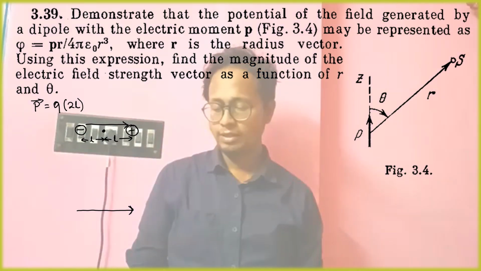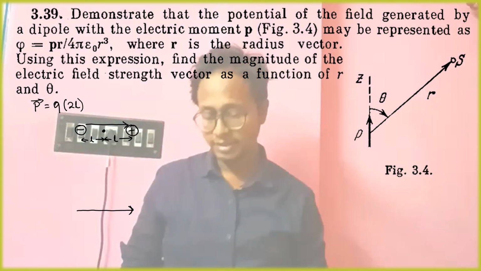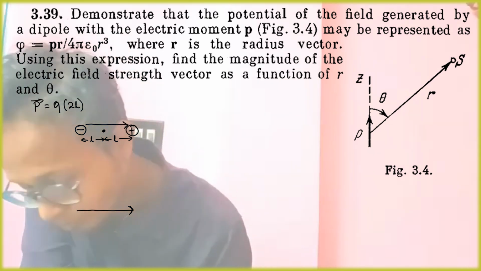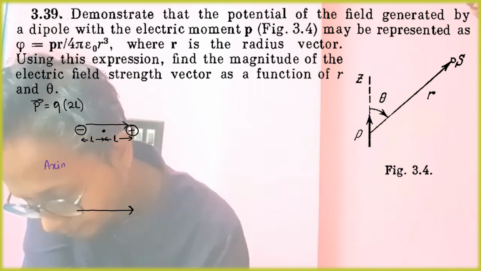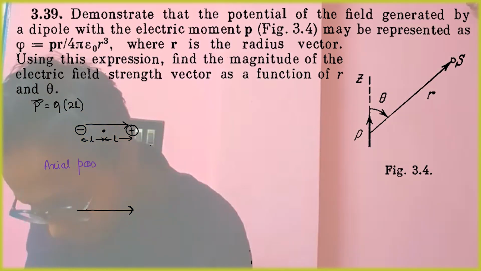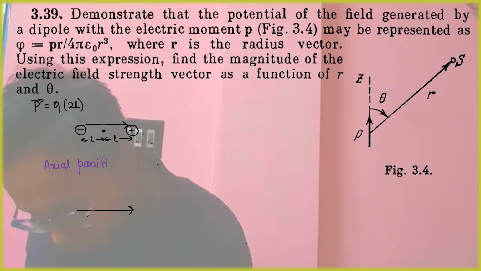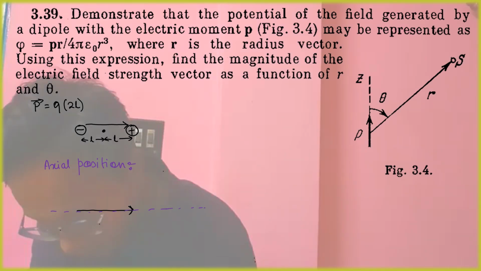Now the first thing that you have to learn is the electric field at axial position. What I mean by that is, where is the axial position? Axial position is nothing but along the axis of the dipole.